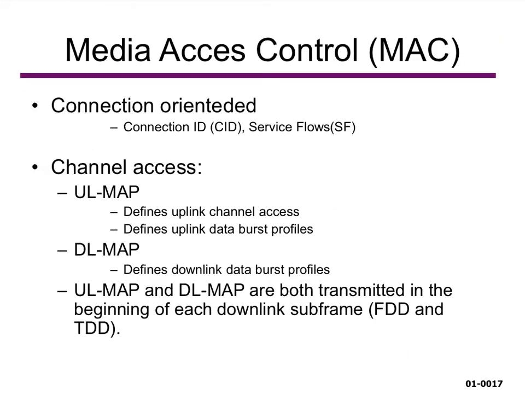With regards to the medium access control, it works in a connection-oriented way, in which case each stream or each connection will be identified using either a connection ID or a service flow identification. So a connection might have different flows.